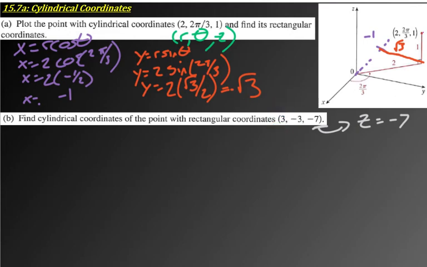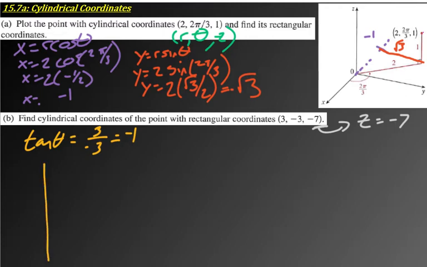The theta one has always been a little easier and more clear. If you think about what things in math relate x and y with an angle, you should get to tangent pretty quick. So tangent of theta is going to equal 3 over negative 3, or just negative 1.